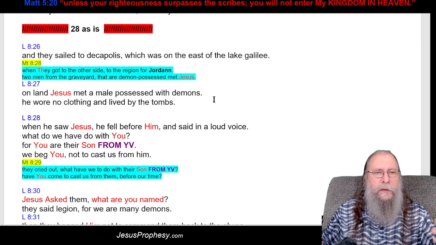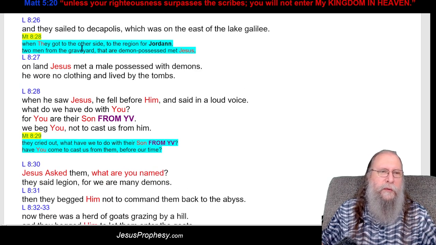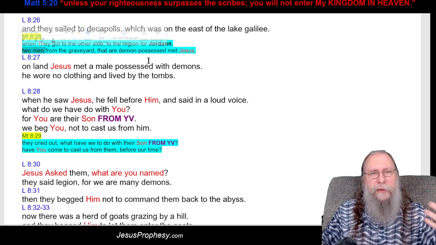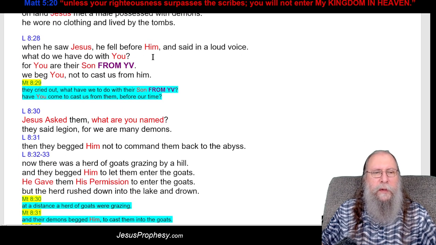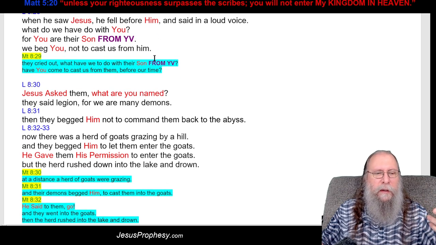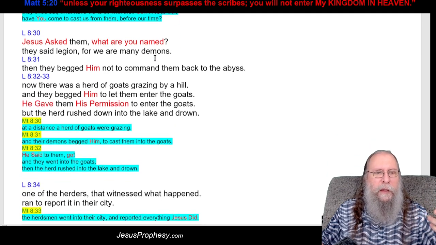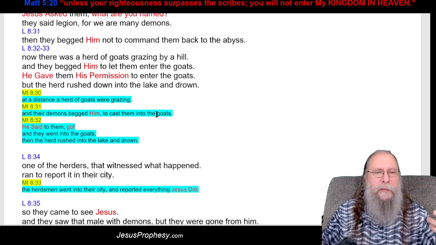Okay, this was two groups where he met two men on one side. Yeah, he met two men on one time in this story, and then he met one on the other. And the story that is more complete of telling the story, because see, demons begged him to cast him into the goats.